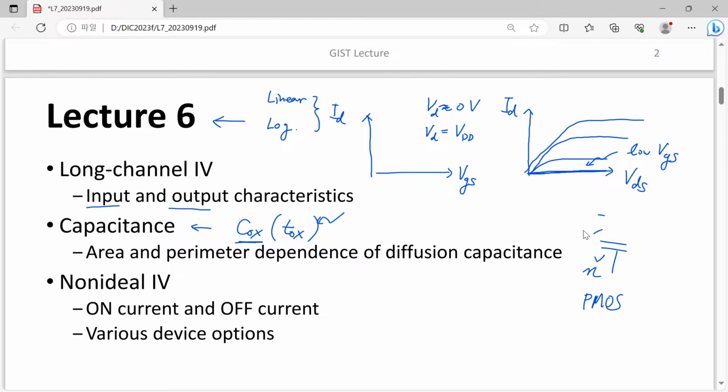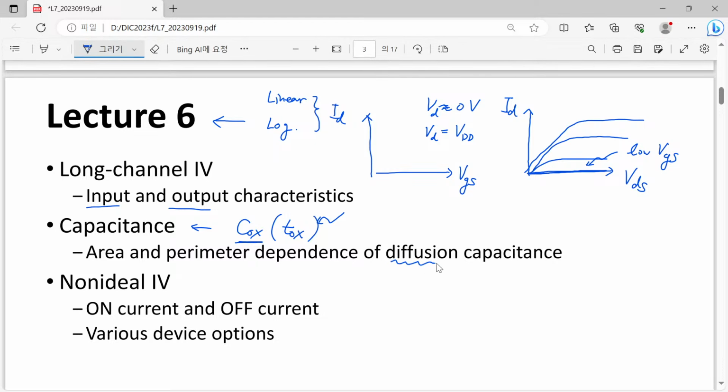And this kind of diffusion capacitance. Why do we call it diffusion? This is related with source and drain regions, because for historic reasons, in former times we made source and drain regions with a diffusion process. That's the reason why it is still called a diffusion region. Anyway, here we have N plus diffusion and P type substrate, and we have capacitance.